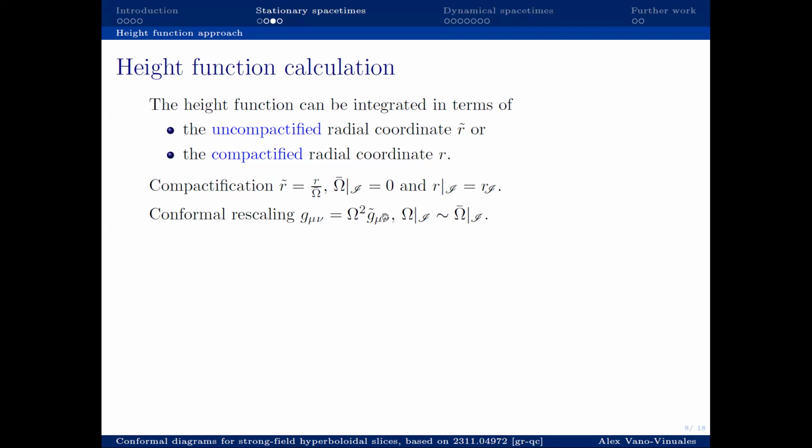So one thing balances the other, and we have something which is finite. And the point of conformal compactification is that this omega bar and this omega actually behave similarly near scri. That's why the effect of one cancels the other. That's the basics of the construction.